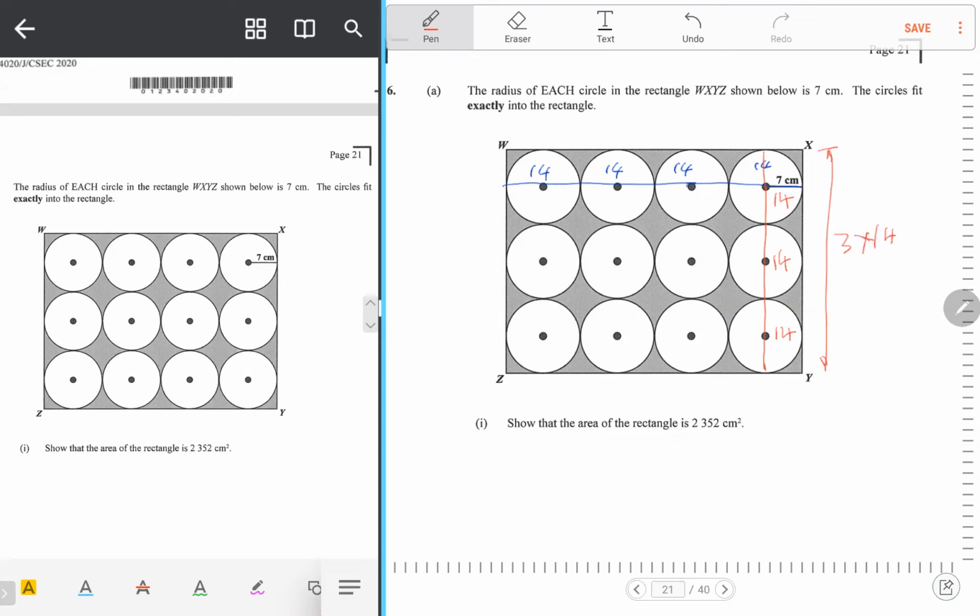And the total length over here, which we're going to put back in blue, would be 4 times 14. So it's 56. This is 56 centimeters. And this is 42 centimeters. Let's write this out a bit better.